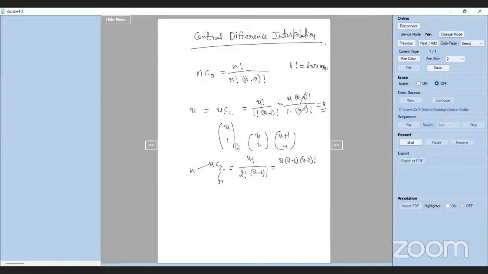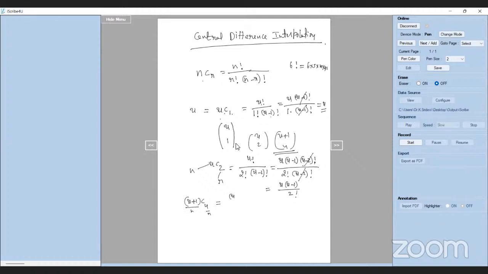We can restrict it to U minus 2 factorial, because 2 factorial into U minus 2 factorial is there in the denominator, so both get cancelled. The remaining part is U into U minus 1 by 2 factorial. Similarly, if you take U plus 1 C4, this is N and this is R.